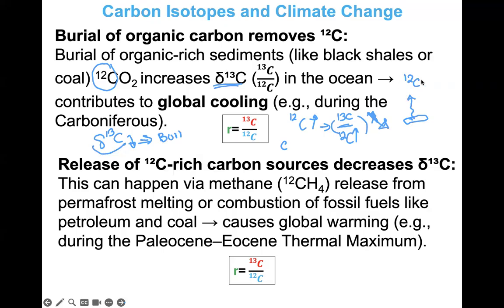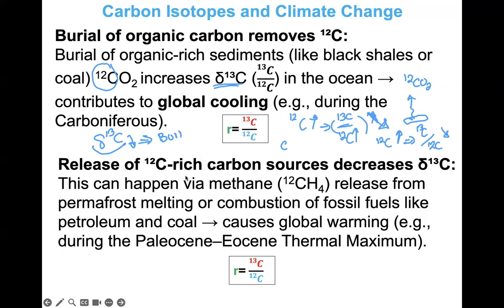If you release C12, actually it's CO2 here. If you release this, a lot of C12 in the air, what happens is that C12 will increase in the air, which means that C13 over C12 will decrease in the air.